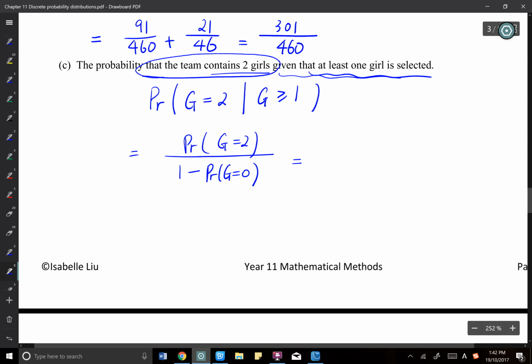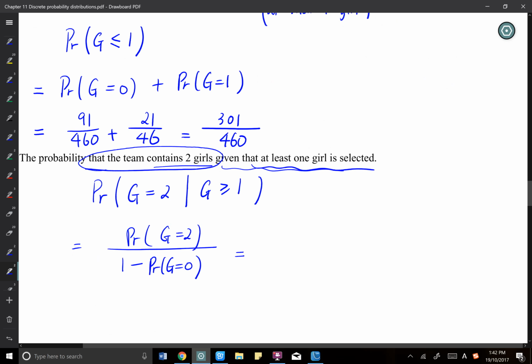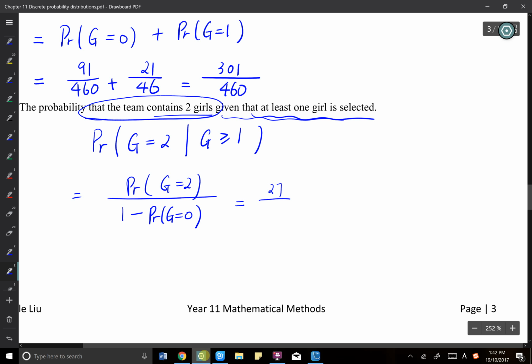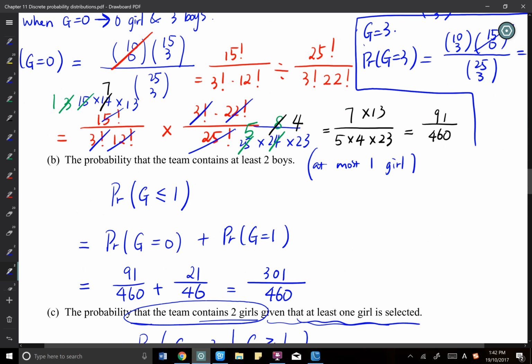So what is G2? Let's have a look. G2 is 27 on 92, divided by 1 minus G0. G0 is 91 over 460.